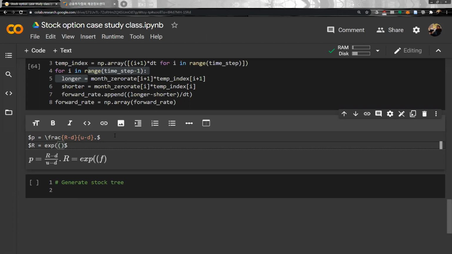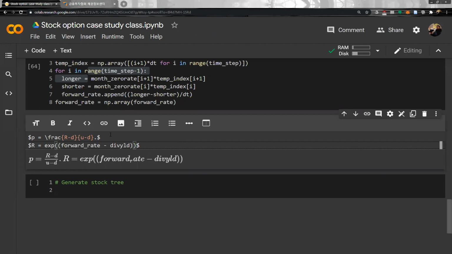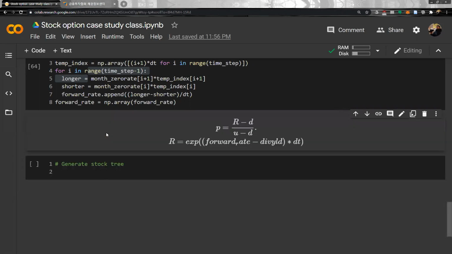R is the forward rate minus dividend yield, and then multiplied by dt. Okay, so looks like this one.